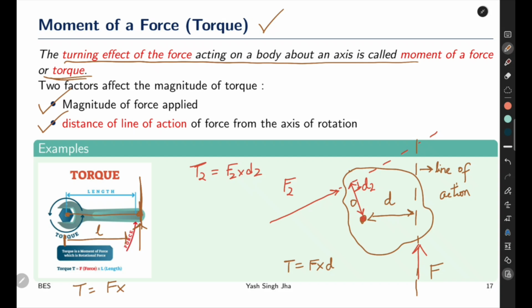This is the distance, so F into L. This is the reason why we have long spanners, why the handles of spanners are made long: to reduce the effort and maximize the amount of torque produced. The longer the spanner, the greater the torque produced. Moving on.